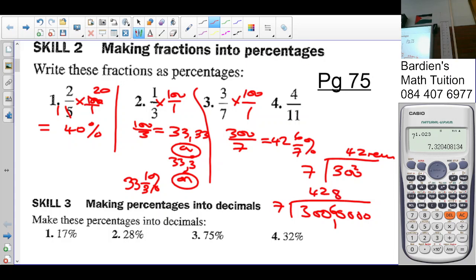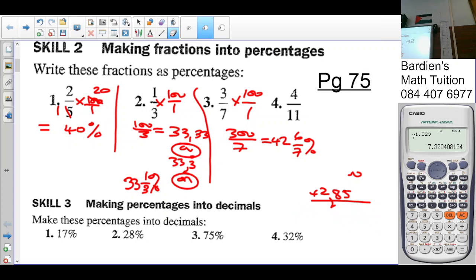So it's 8, carry 4. 7 goes into 40, 35, carry 5, and so on. So that would have been 42,85. Is that the answer you got? Okay. You guys understand? Let's now do the last one quickly.